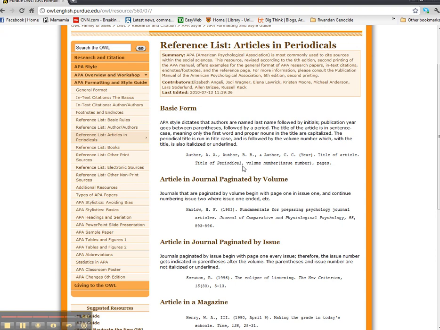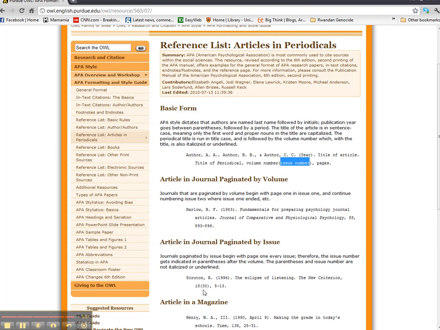Then we have this comma, and then we have the volume number. All journals will have a volume number, or most. There's a couple who don't, but almost every journal and most that you'll be looking at will have one. One thing to point out here is that there is also italics on this volume number. So the title of the journal and the volume number both have italics, and then we have this bracket, and then we have no more italics, and the issue number is right inside the brackets, so that when you get to see a reference, you'll know immediately.